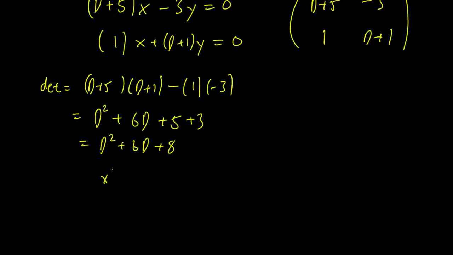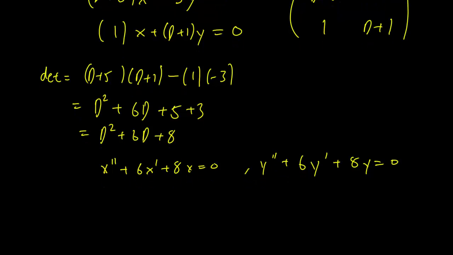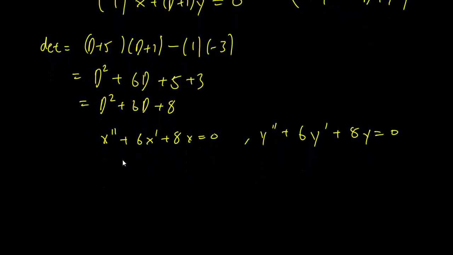So we have x'' + 6x' + 8x = 0, and y'' + 6y' + 8y = 0. So obviously both these equations are the same, so we just need to do this once. We do our usual substitution, x = e^(rt), and we just need to check the roots of r² + 6r + 8 = 0.